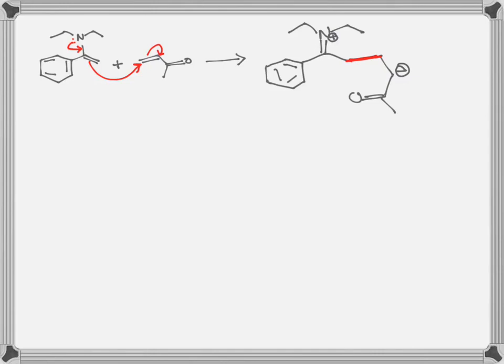We'll work this intermediate up in aqueous acid, and that will neutralize the negative charge and hydrolyze the iminium ion. I'm going to neutralize the negative charge first, by protonating the enolate.